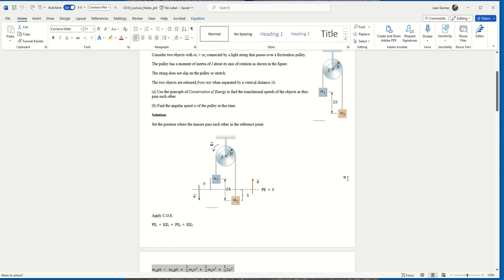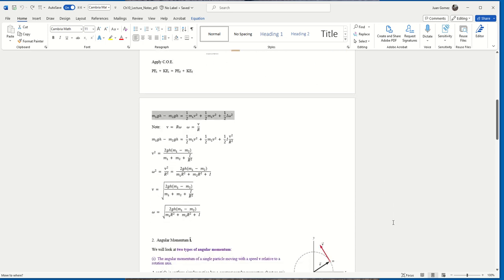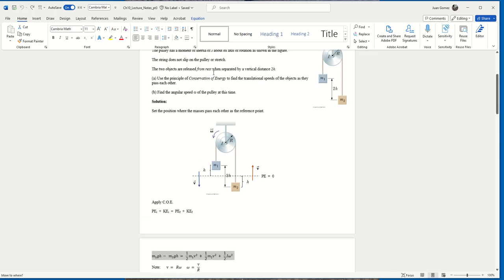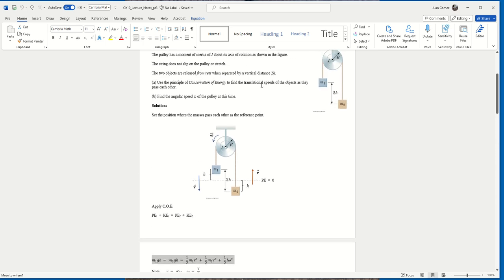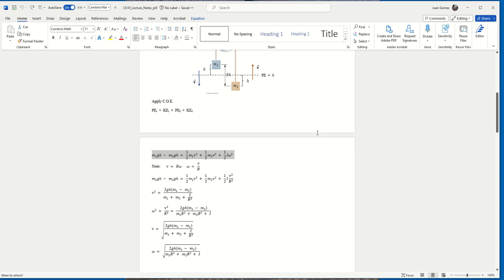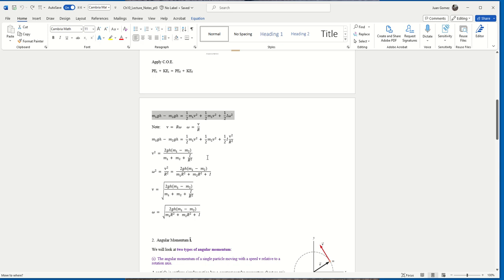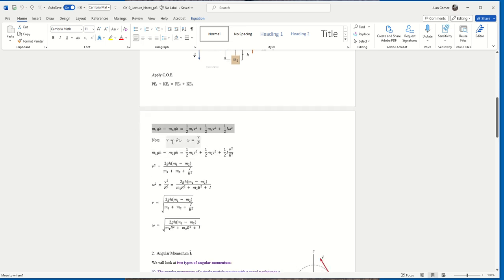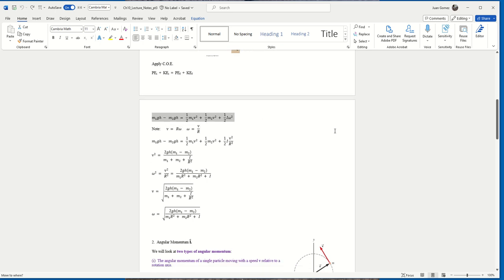Now remember, I want V and omega. When I say translational speed, I mean V. Angular speed is omega. When I say solve for V, you could just solve for V squared, and then take the square root. But to solve for V, I need to write omega in terms of V. In general, V is r times omega.